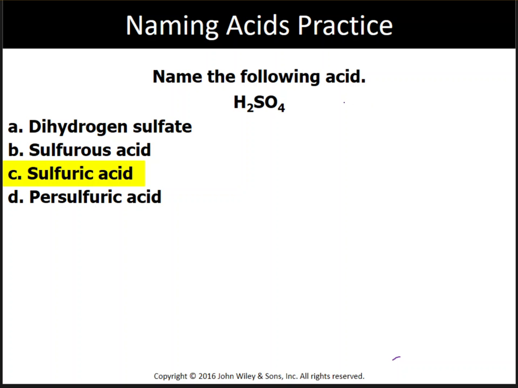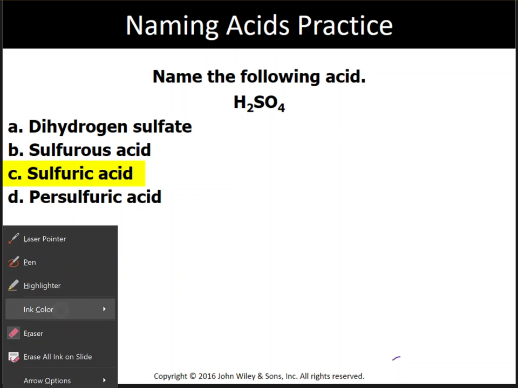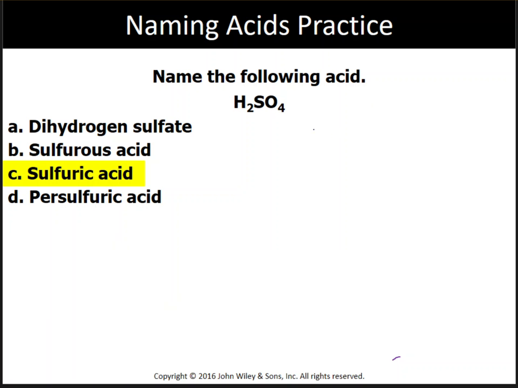What's the charge of hydrogen ion? Positive 1, very good. Hydrogen is in group 1, so the charge of hydrogen is always positive 1. And you also have sulfate ion, which is a 2 negative. Now, in order to write the formula of sulfuric acid, you put hydrogen and SO4.